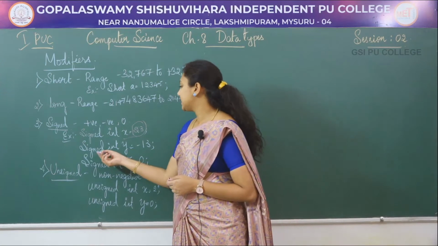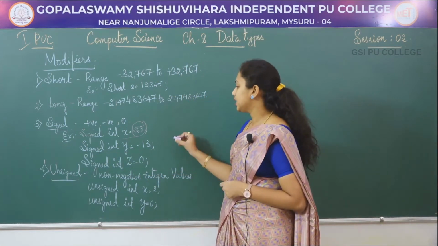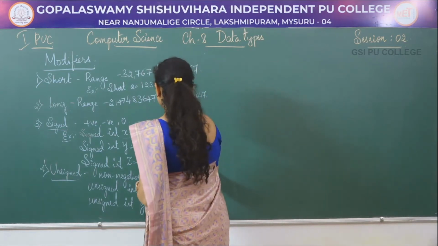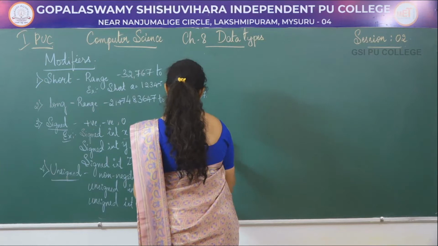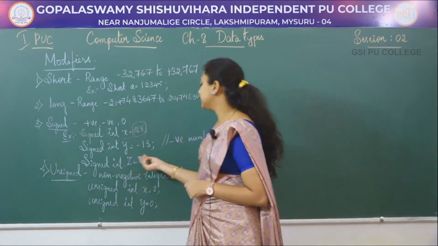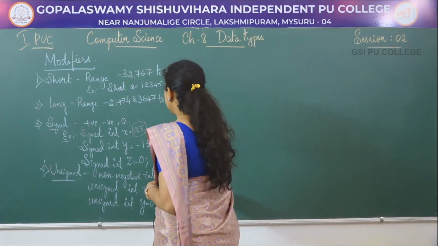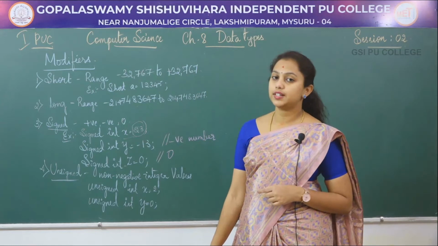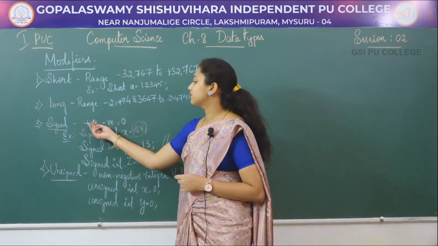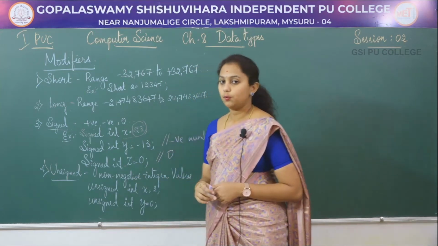Next, signed int y is equal to minus 13, which represents a negative number. And signed int z is equal to 0, here it is holding 0. So in a signed integer we can store both positive and negative numbers including 0.